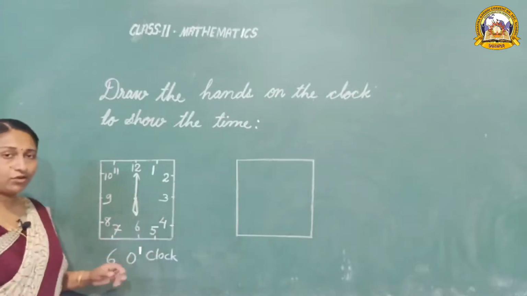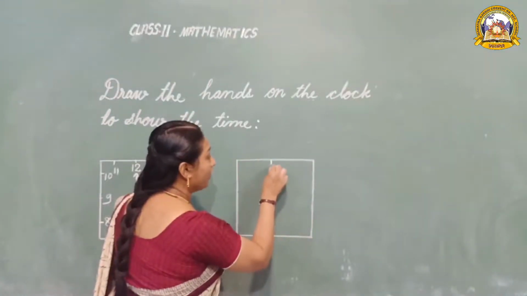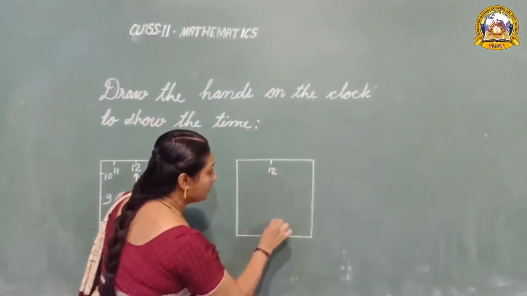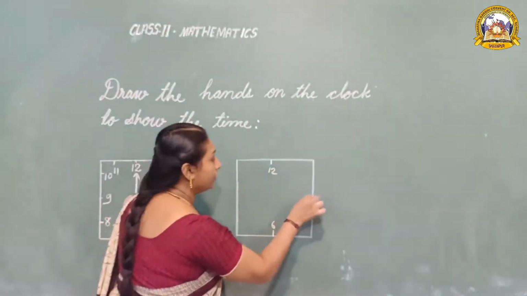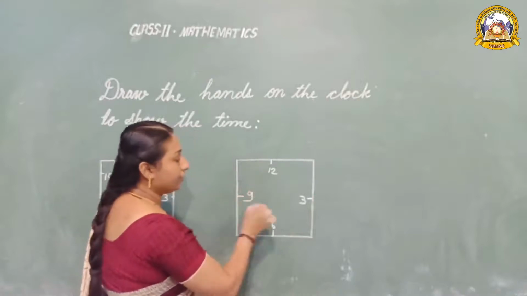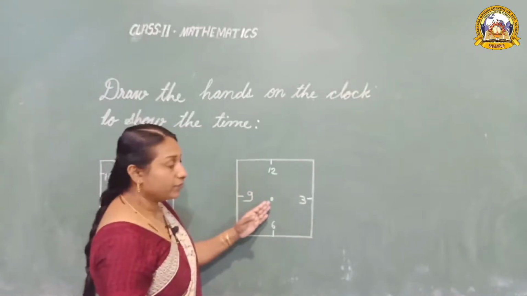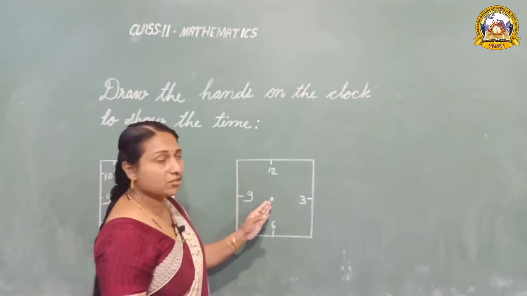Next, let us draw one more clock. As you know, 12, then opposite 6. Here we can give 3 and here 9. Then give the point middle of the square.